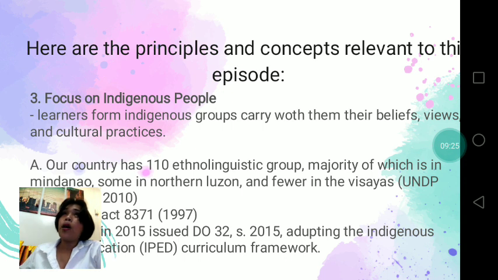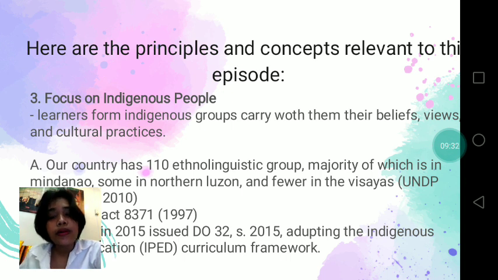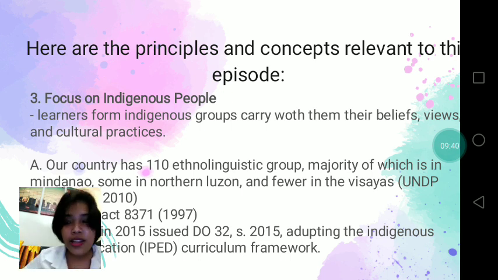Dahil ito ay part ng ating history. It is part of who we are today. So, kailangan nating i-promote ang ating indigenous cultural communities for us to be able to accept our past, and kailangan na din natin ito para sa ating economic growth dahil ito yung reason kung bakit tayo naging Pilipino. As simple as that.